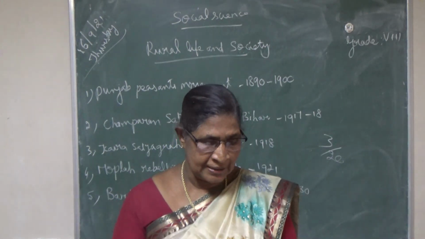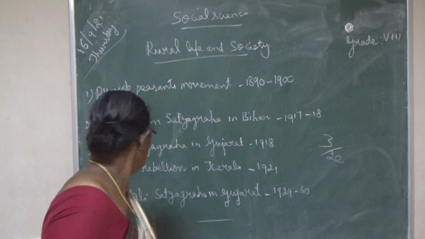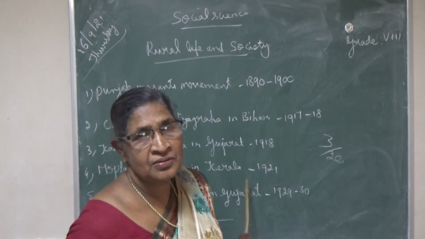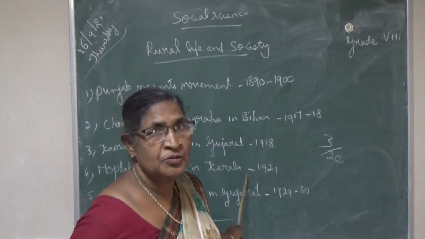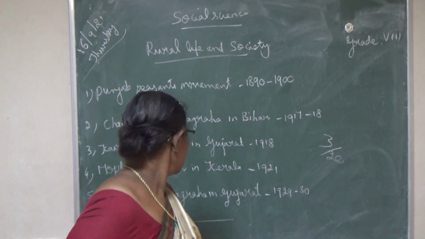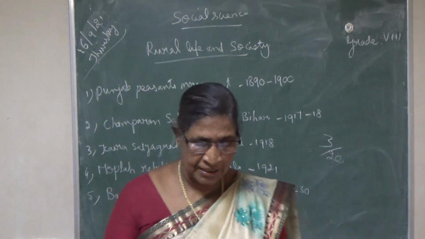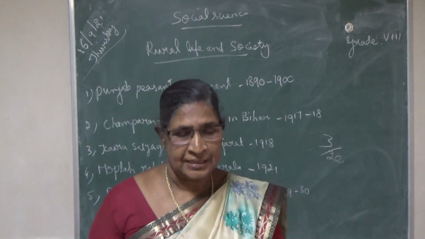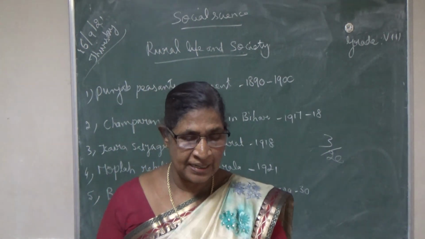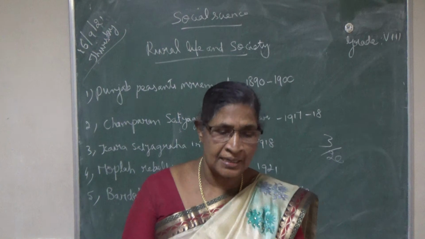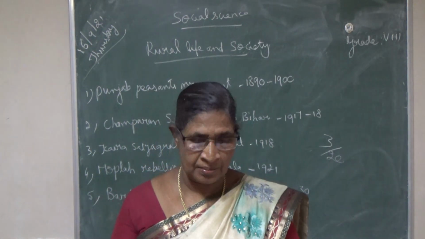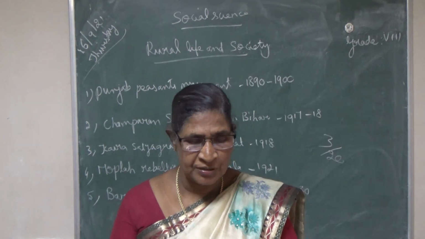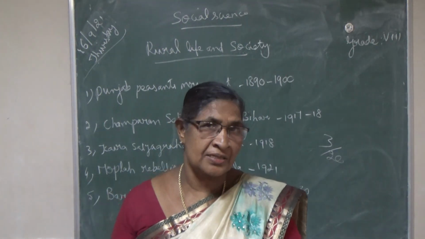Okay, next, the last one is the Bardoli Satyagraha in Gujarat. Most of the rebellions took place in Bihar, Bengal, and Gujarat. Here the Bardoli Satyagraha in Gujarat was in the years 1928 to 1929, about one year, isn't it? In the year 1928, the peasants of Bardoli in Gujarat started their agitation. Agitation means they revolted under the leadership of Sardar Vallabhbhai Patel.